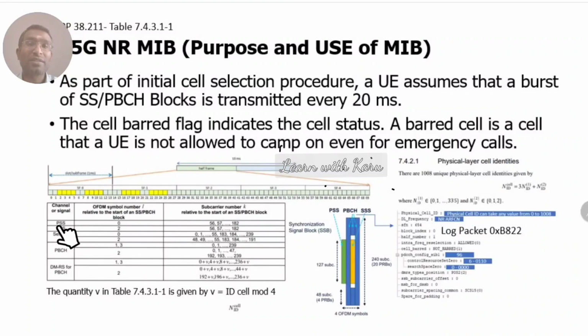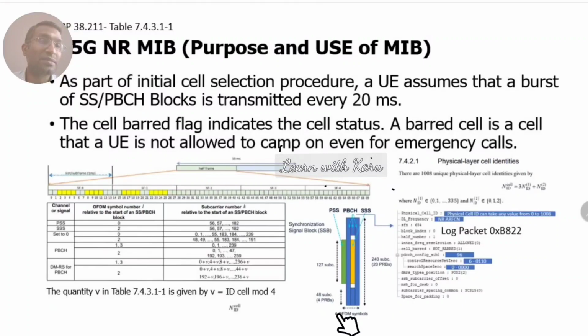In this, you can see PSS is the primary synchronization signal, SSS is the secondary synchronization signal, PBCH is the physical broadcast channel, and DMRS for PBCH is the demodulation reference signal for the physical broadcast channel. The next column represents the OFDM symbol number.